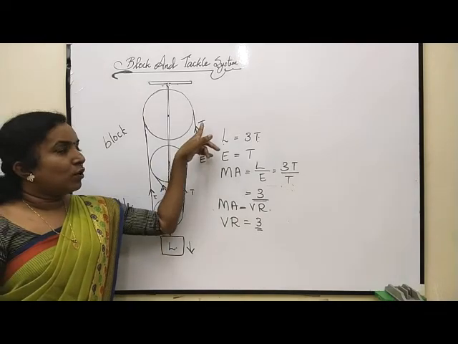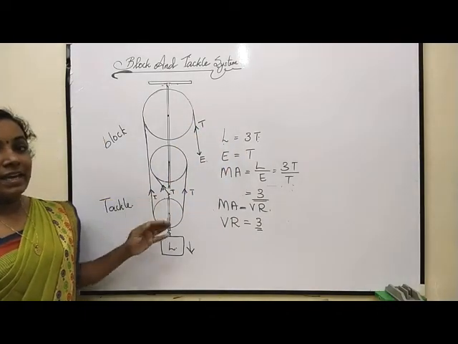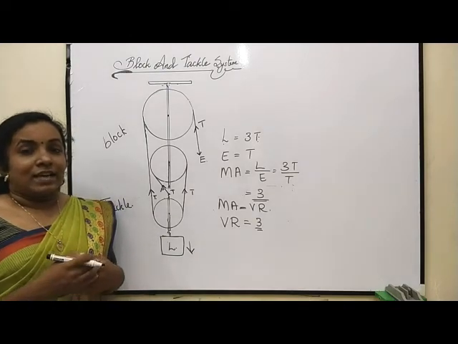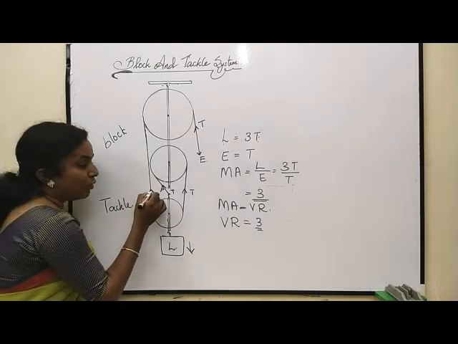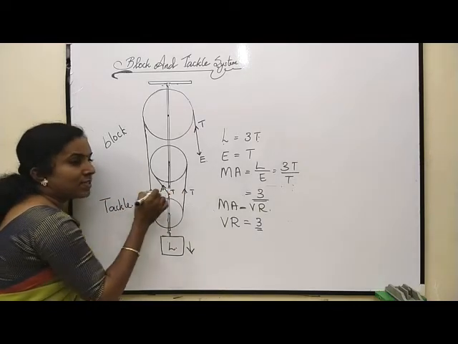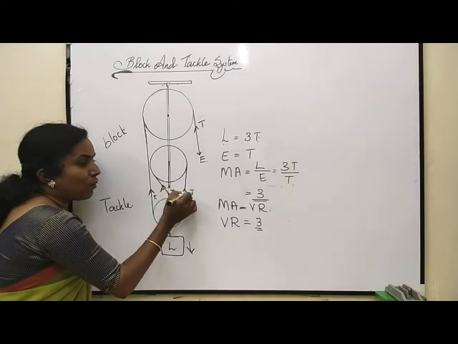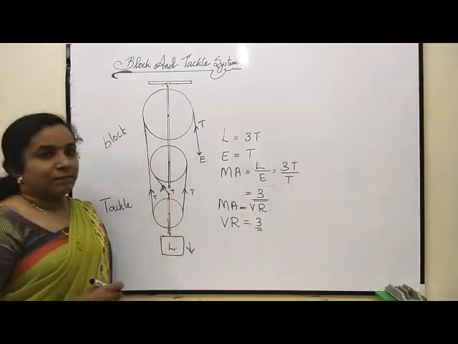Effort is equal to the tension of the free end. And mechanical advantage is equal to 3. So we can directly keep it in mind that it is equal to number of strands supporting the lower block. Here 3 strands are supporting the lower block, and hence mechanical advantage is 3.